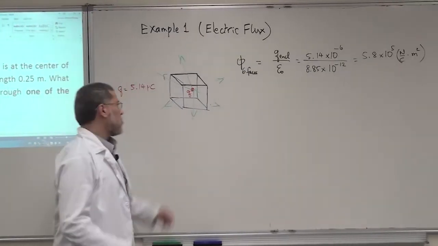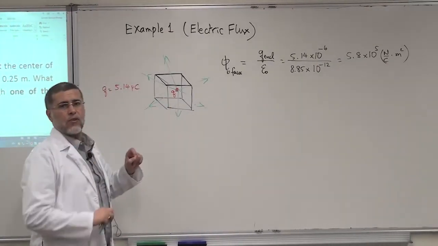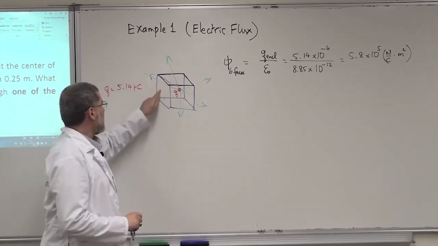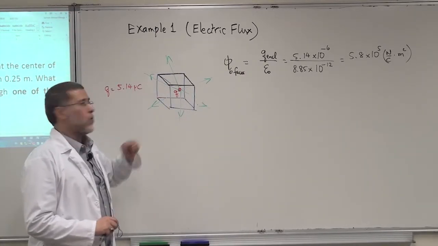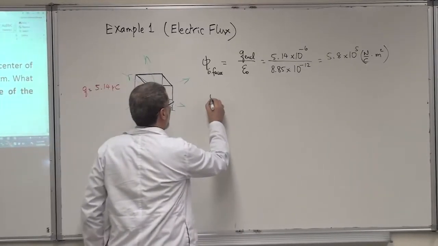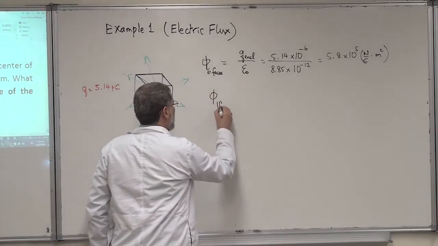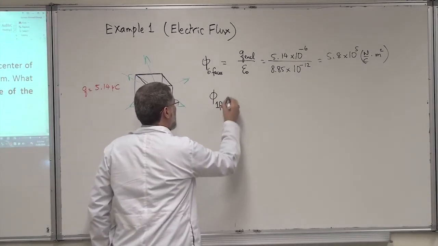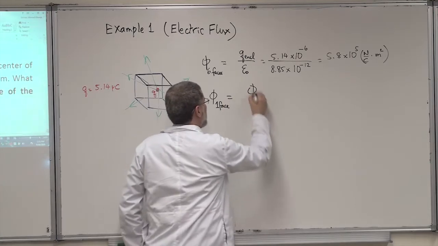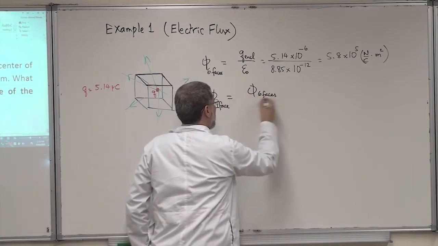And I told you, because the charge is right in the center of the cube, the flux through each face is equal. So if I want the flux through one face, I take the flux through the 6 faces and divide by 6.